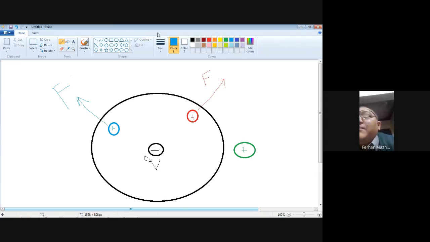For example, I place a test charge here, very close. It is positive and has unit charge on it.